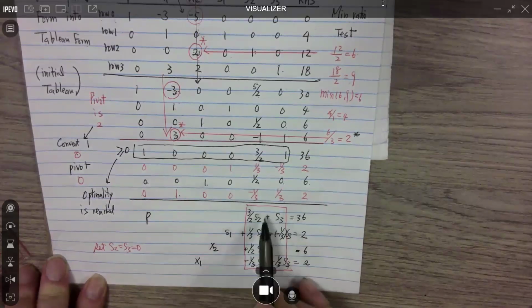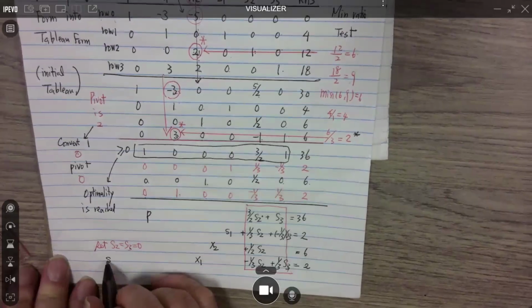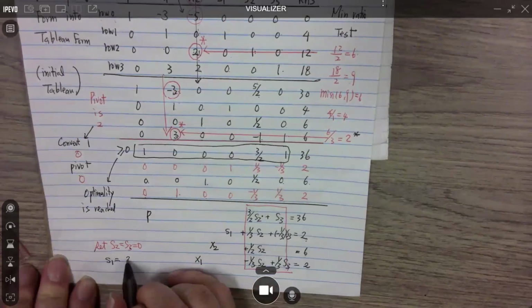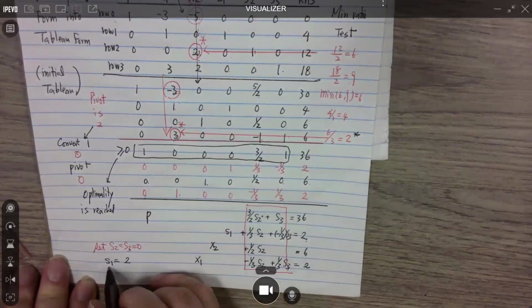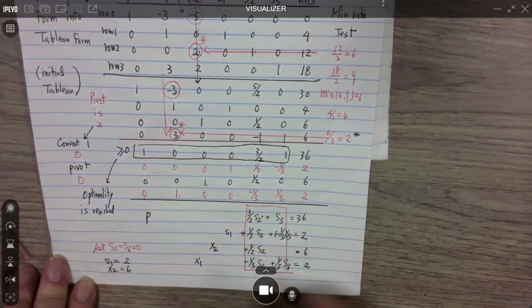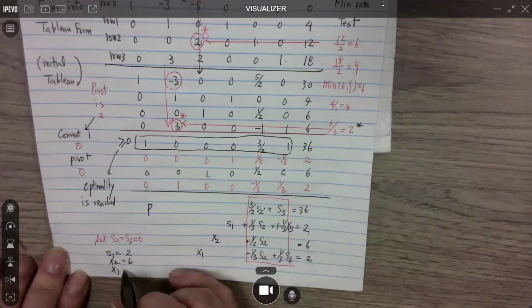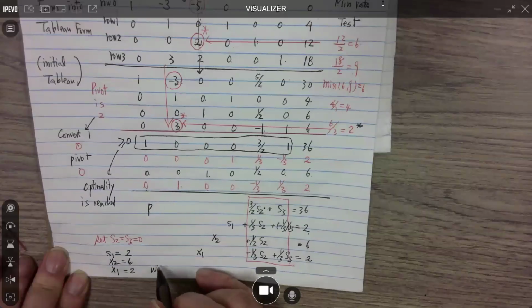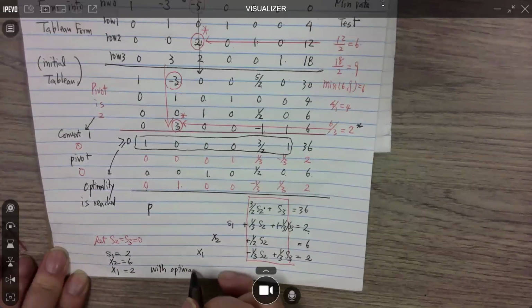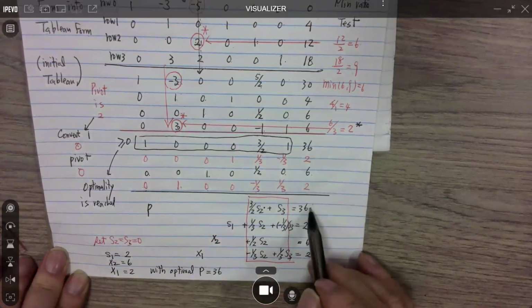So if you set S2 equal to S3 equal to 0, you have S1 going to be 2, x2 going to be 6, and x1 going to be 2, with optimal profit equal to 36.